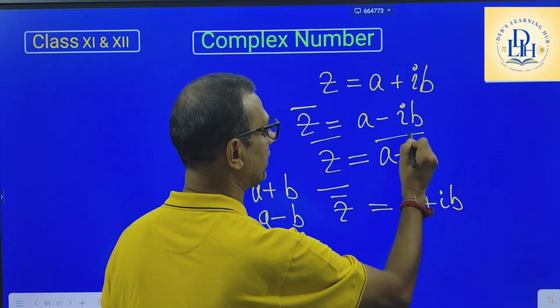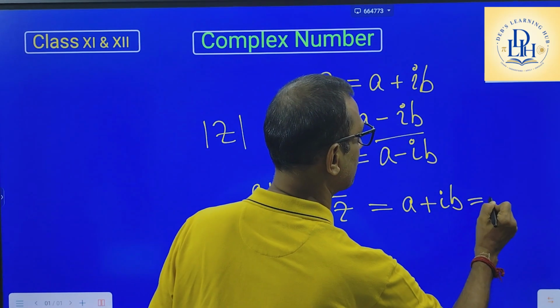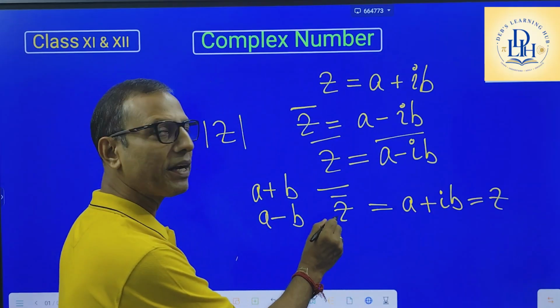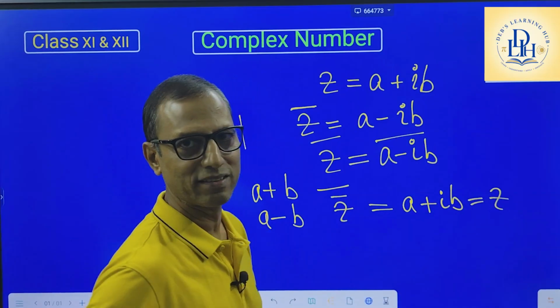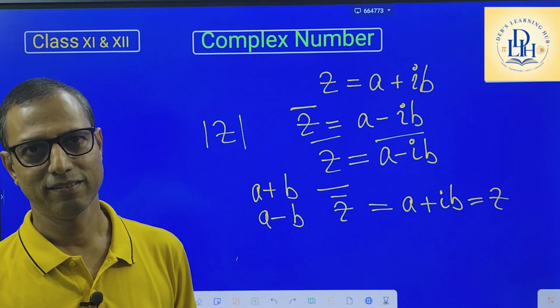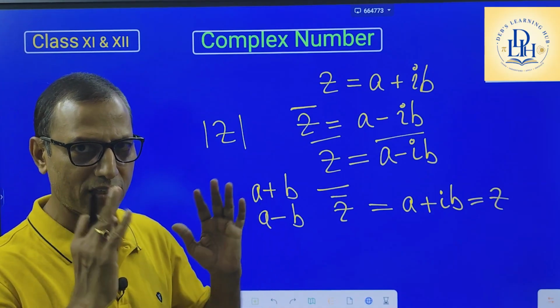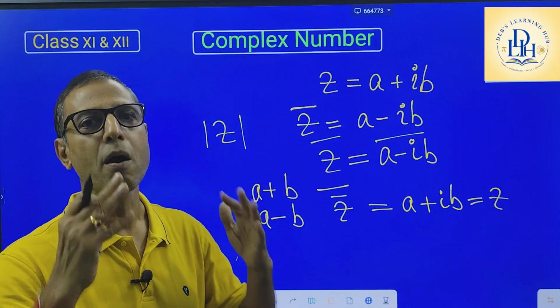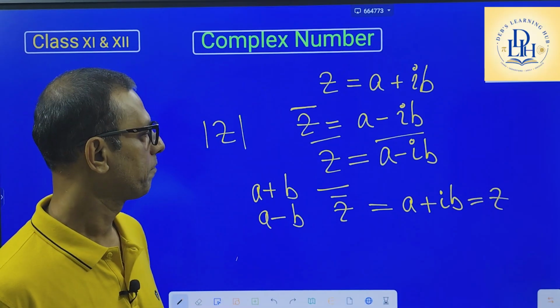Conjugate of a minus ib is equal to a plus ib. That means a plus ib equals z. That means the conjugate of the conjugate of z is equal to z. Got it? Very interesting thing. You will see later on when I come to the properties of complex conjugate and modulus, right?